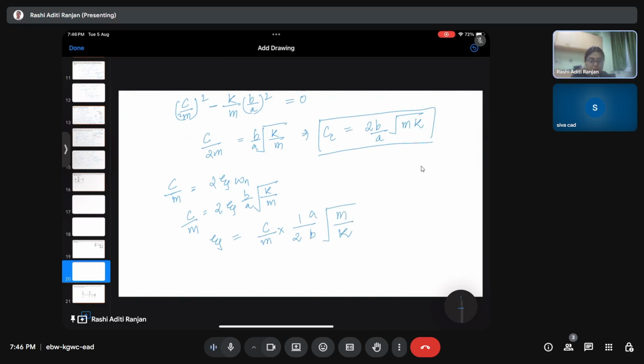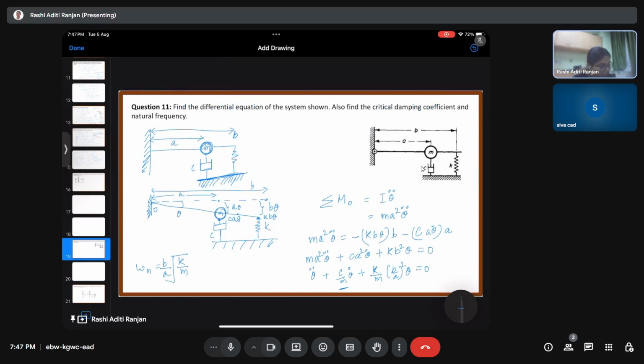Now if you look over here, we have nothing but 2B by A under root of MK, which is what we got out as Cc over here. So once you get the value of omega n, you can take out the value of Cc like this also. Okay.